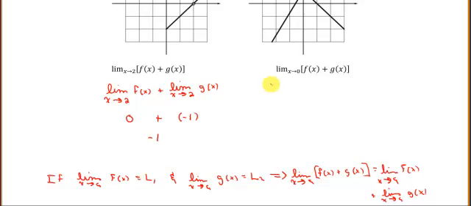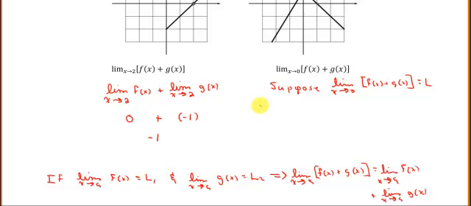Let's suppose this limit as x approaches 0 of f of x plus g of x exists, and let's say it was L. Okay? Let's just say that that was the case.